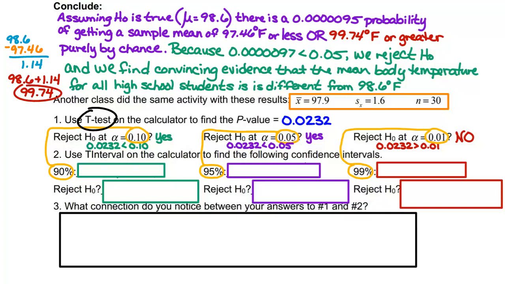Confidence level. What do we want confidence level for the first one? 0.9. And then we're going to calculate. And it's going to show me my interval. What is our interval?